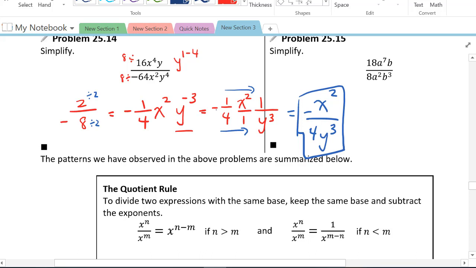When we multiply straight across, it's negative 1 times x squared times 1. So it's just negative x squared in the numerator. And then we have 4 times 1, which is 4, and then y cubed. So 4y cubed, that's it. And remember, if you have a negative in the bottom, you can always put it on top. That's what I did here too.